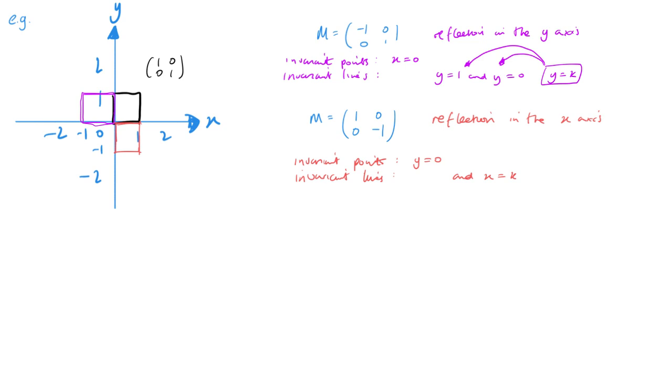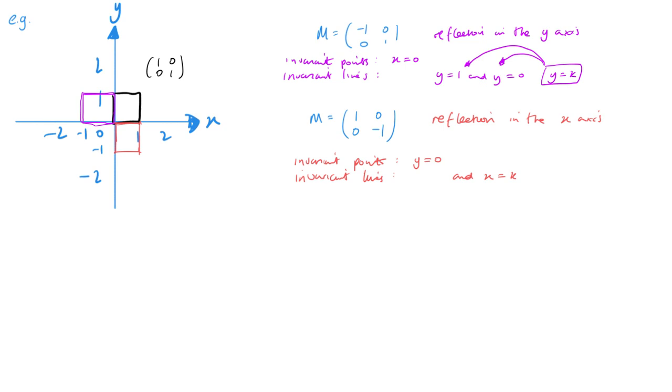So it means that just one coordinate stays the same, the other one changes. So when we're looking at a reflection in the y-axis, the x coordinates are changing, the y coordinates are staying the same. So that's why the invariant lines are all y equals a value.